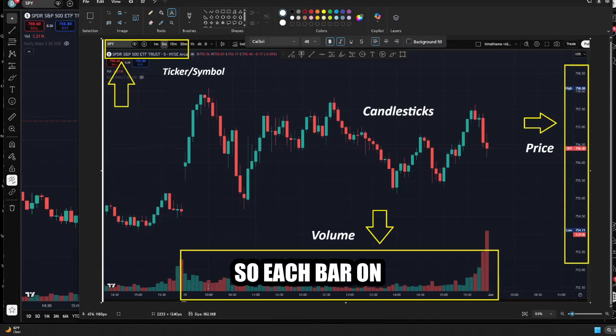Each bar on the bottom is a volume bar. It's a 5 minute chart, so it represents the volume for each 5 minute candle, a 5 minute volume bar.